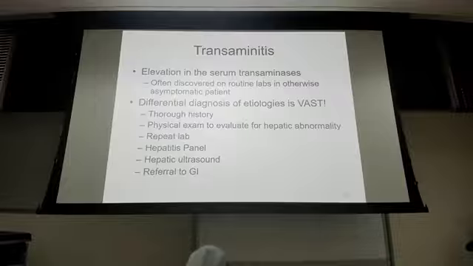Repeat the lab. You'll see often when you just have an AST or an ALT elevated, so a transaminitis, a normal patient presentation, no real signs and symptoms, no great history, or no history to make you think, okay, this is what may be causing these elevations in AST and ALT.